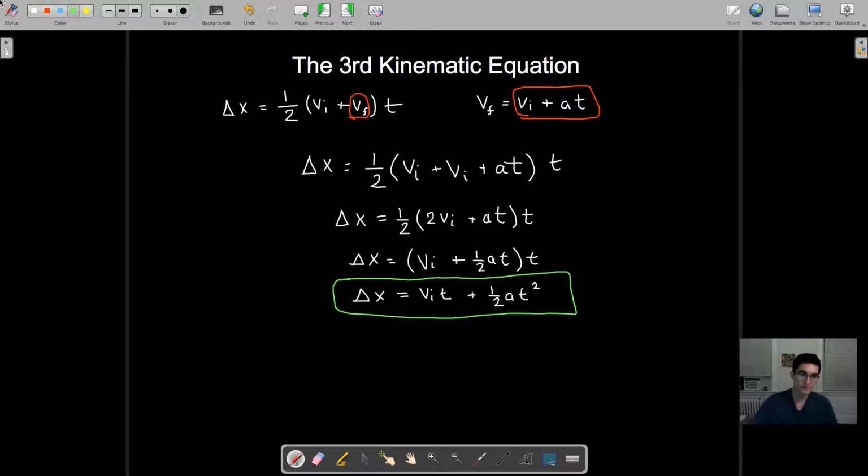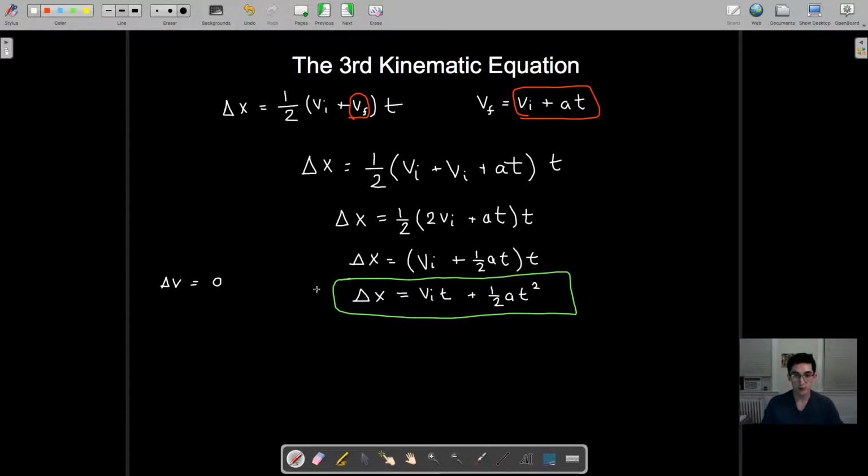So, let's say we decided that actually our velocity is not changing, okay? Our change in velocity is 0. We're working with constant velocity. What's going to happen to this equation?